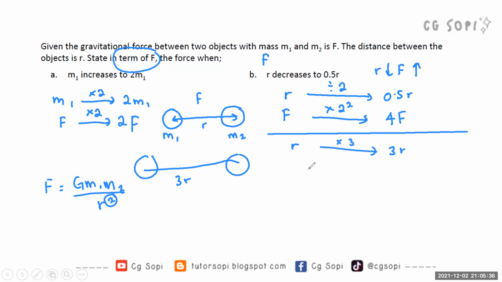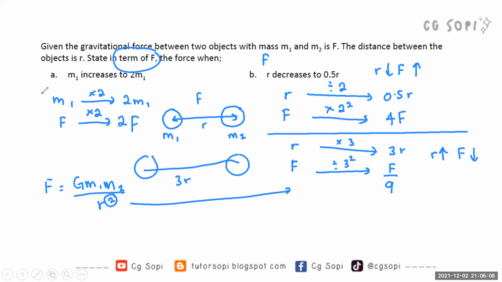Now remember, when R increases, F has to decrease. So for F, you cannot multiply by 3, because multiplying shows that the F value becomes bigger. You have to divide by 3, but then again square. So now it is F over 9, or 1 over 9 F. That is how you do the question.